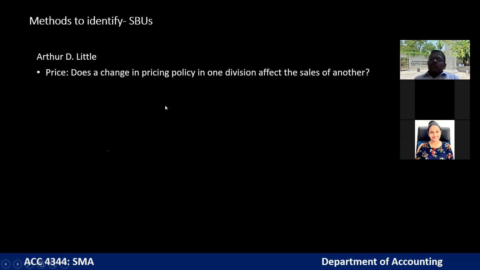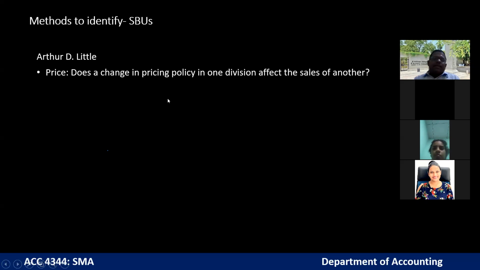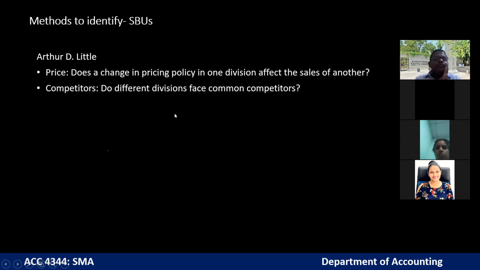When you change a price, will it have an impact on others? Then of course you can consider it as an SBU. Then competitors: do different divisions face common competitors, or do we have separate competitors?